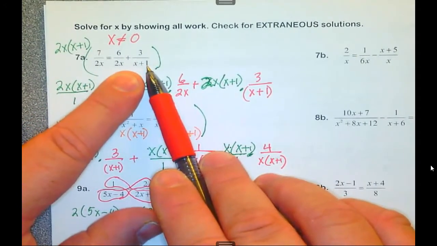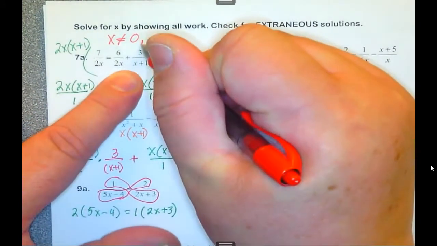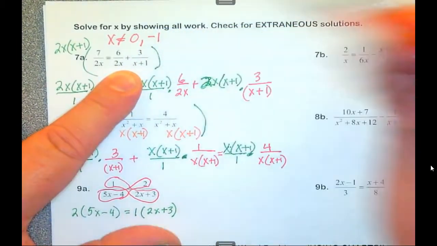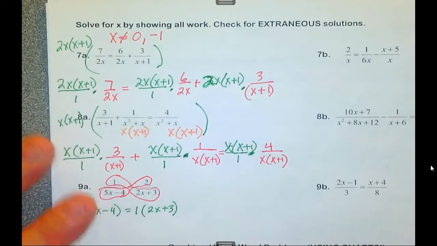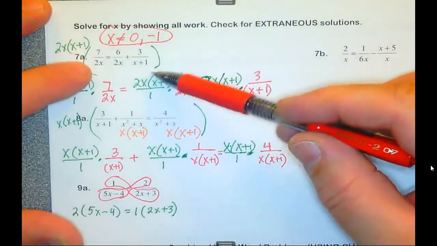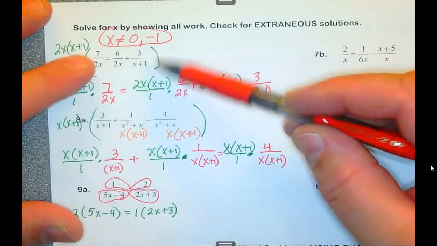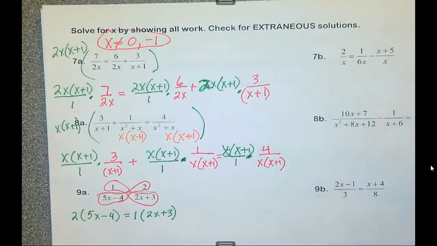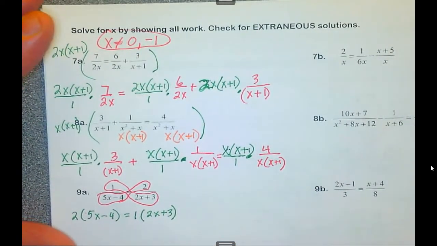What about this one? X cannot equal negative 1 because negative 1 plus 1 would be 0. So these are our excluded values. When we solve this, you get x equals a number. If it's 0 or negative 1, there's no solution to the problem.